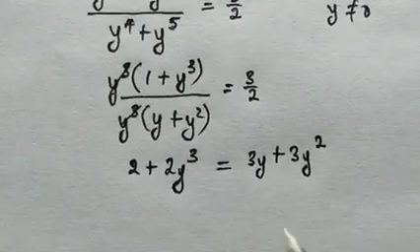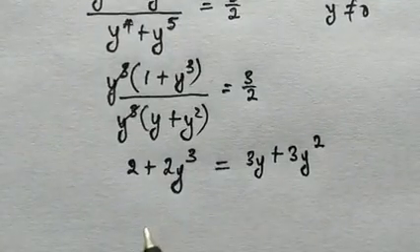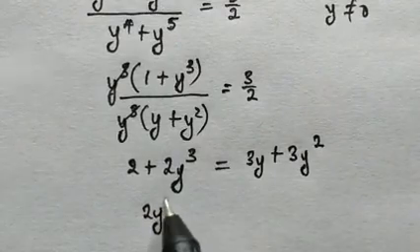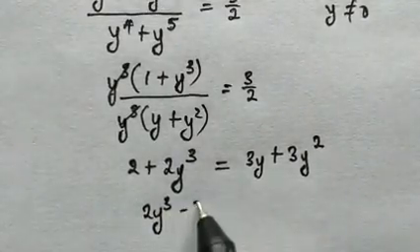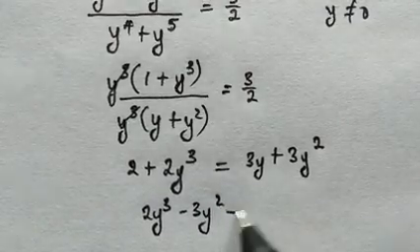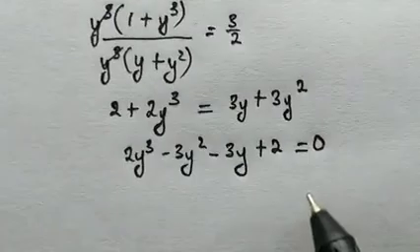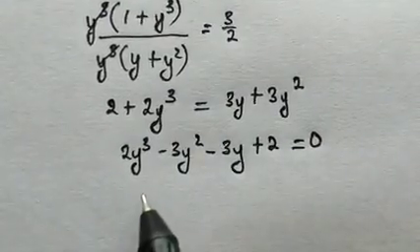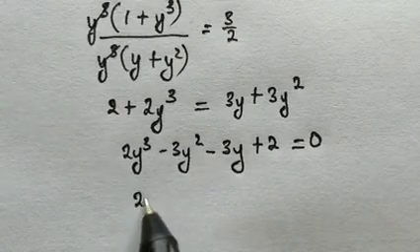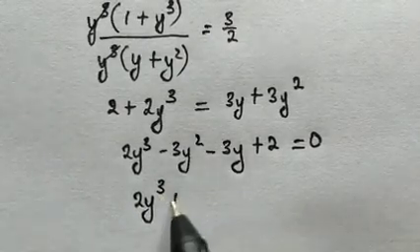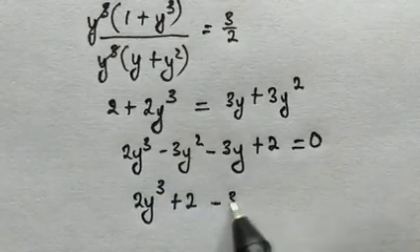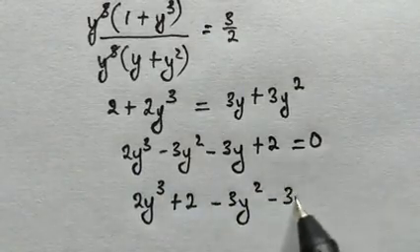Okay, so from here we get 2y cubed minus 3y squared minus 3y plus 2. This is equal to 0. So from here we're going to regroup. We write 2y cubed plus 2, then minus 3y squared minus 3y.